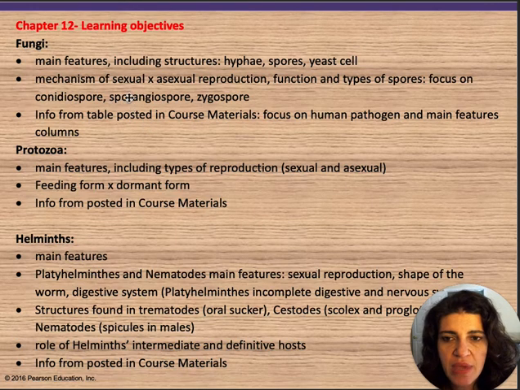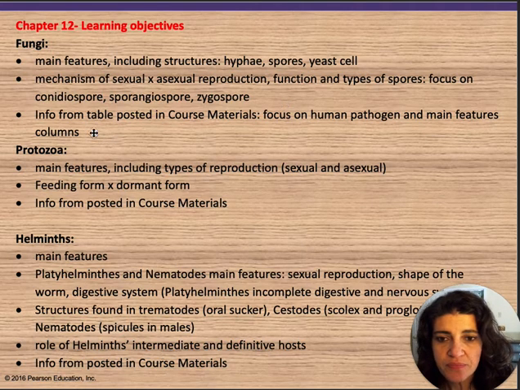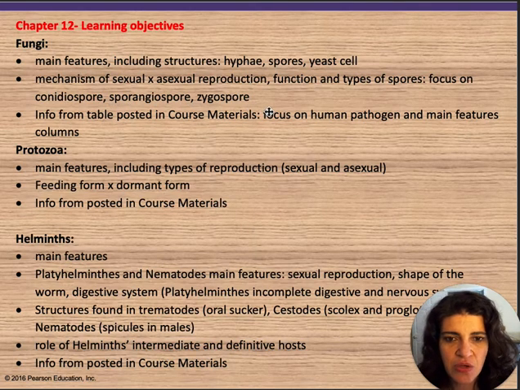When I say main features include structures, I'm going to talk about this, mechanisms of reproduction, and focus on some specific types of spores like conidiospore, sporangiospore, and zygospore. I'm not really asking you a question about the other types, okay? And I say info from table posted in course material.